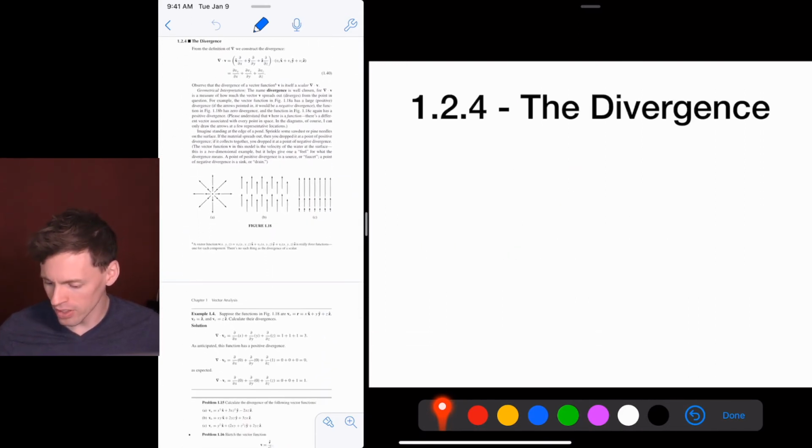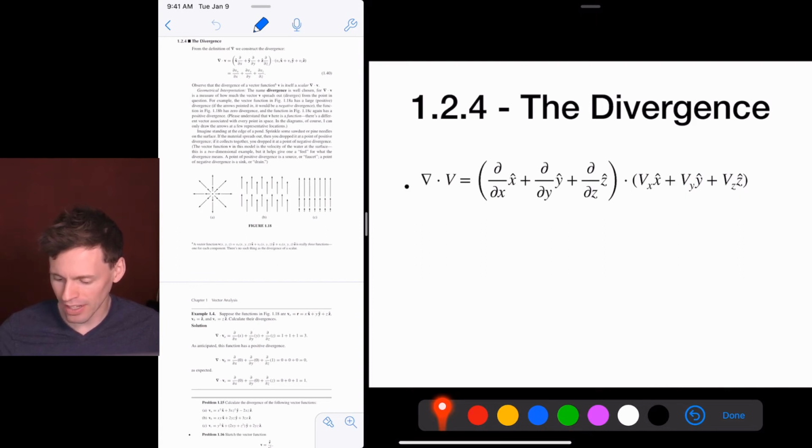So the divergence is defined as del dot v. What is del? It's this derivative operator. And what is a vector? It's components in an x direction, components in a y, and components in a z direction. So this is the x component of v in the x hat direction, plus the y component in the y hat direction, plus the z component in the z hat direction.